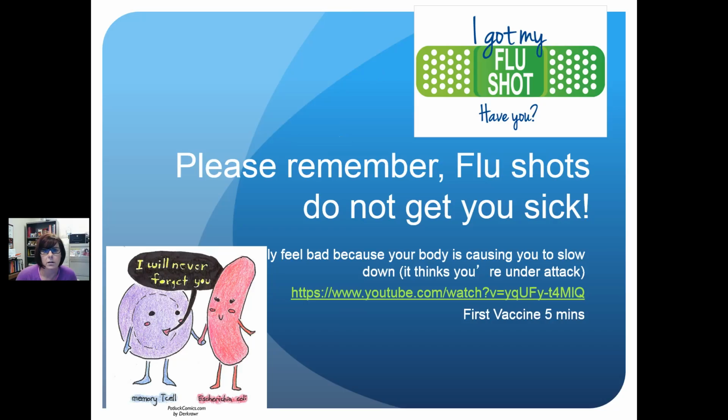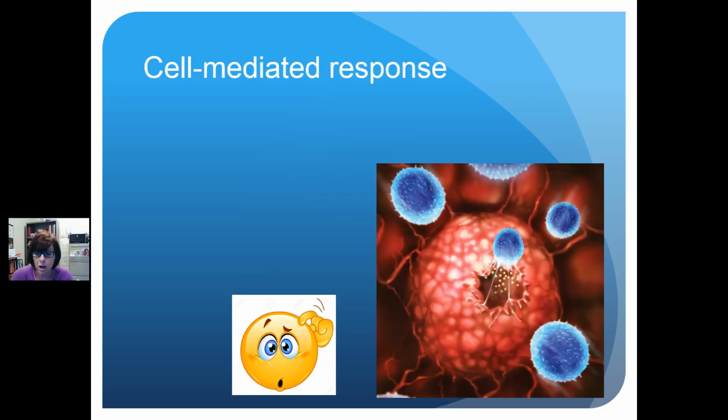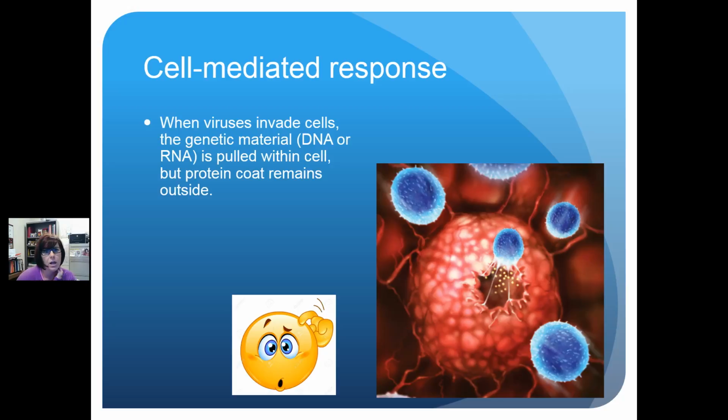Now while the B cells are getting stimulated to take care of invaders from infecting more cells, we need to take care of the cells that are already infected. That's what the cell-mediated response does.